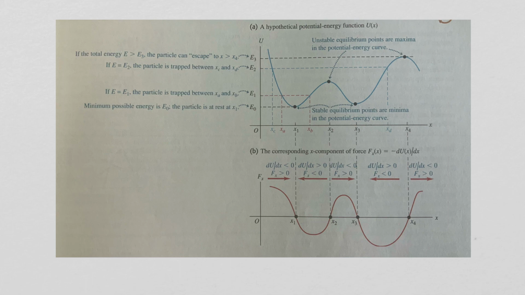2 more important points in the reading of the potential energy curve. The particle can end up at position X1 or position X3, which are known as stable equilibrium points. Those are the minima in the potential energy curve. What does stable equilibrium mean?